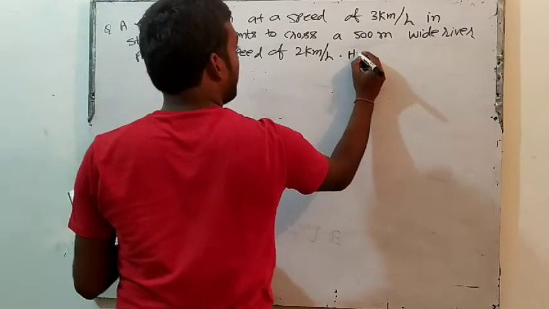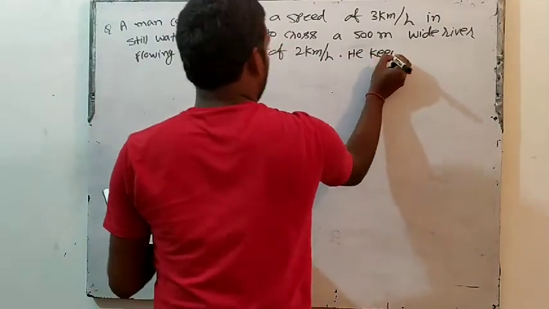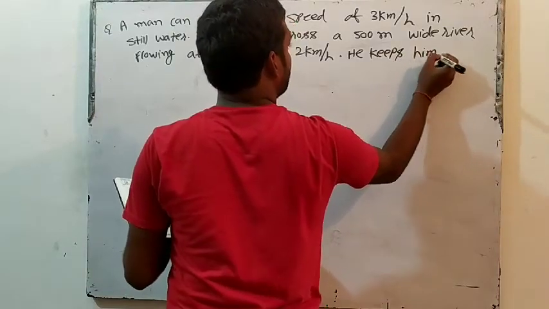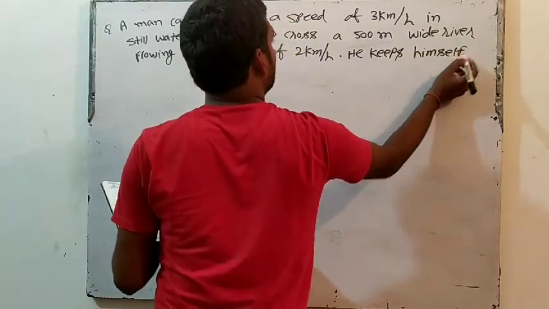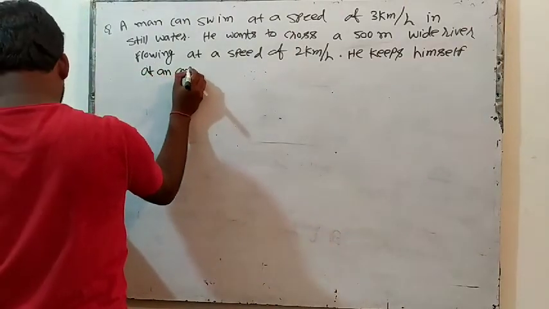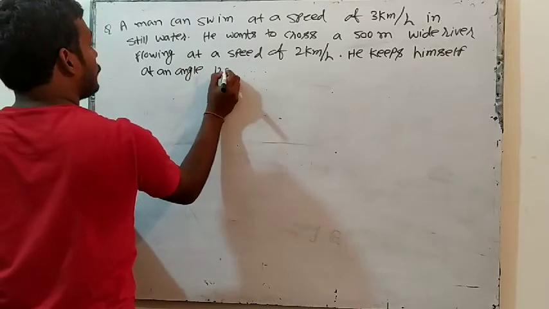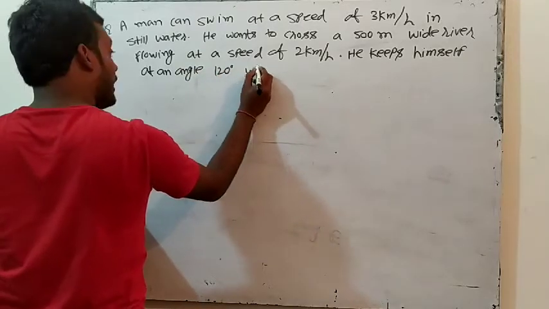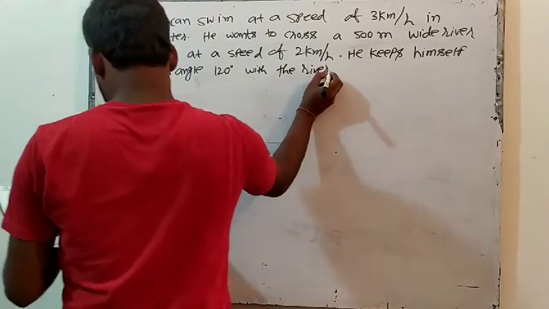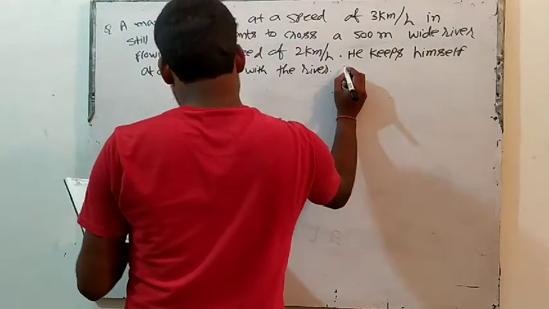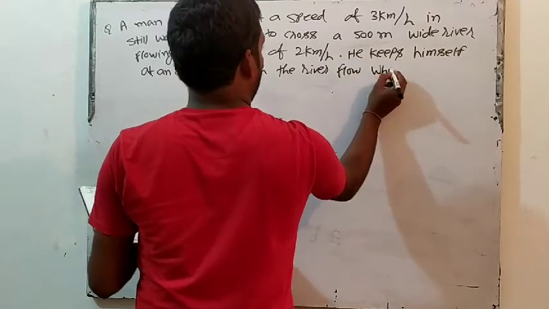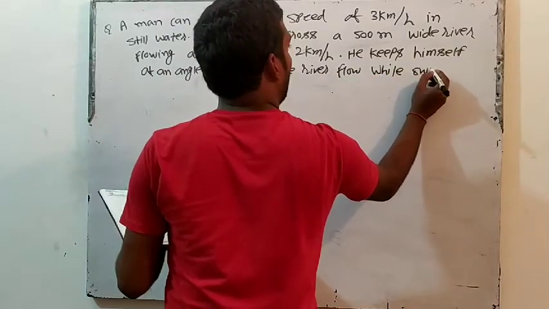He keeps himself at an angle of 120 degree with the river flow while swimming.